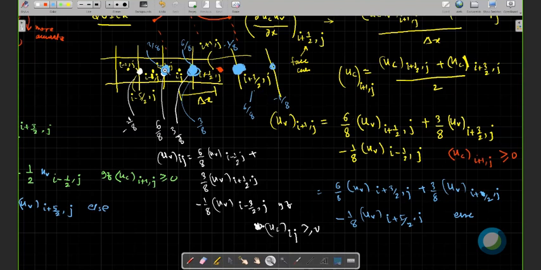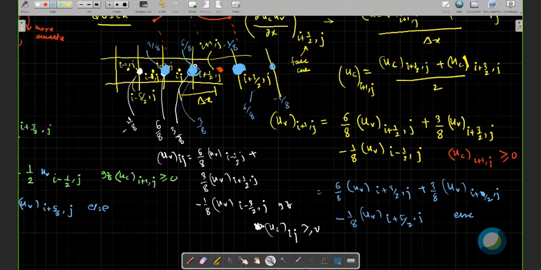Whatever the first point is, it is given a 3 by 8 weight, the second point is given 6 by 8, and the third point is given minus 1 by 8.